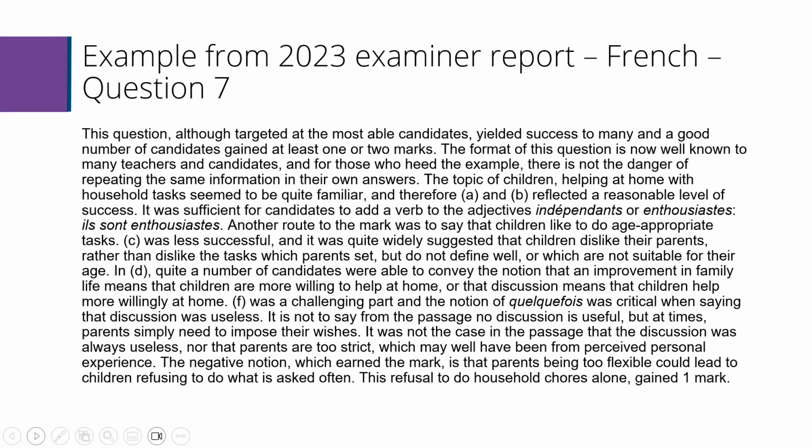And this is the sort of thing that you can use to help you refine your teaching, help you to teach your students. So it doesn't just describe the candidates' performance. It also shows that there are alternative ways to gain the marks, and so on. And I think that's quite important. On that, you see in the middle, the principal examiner says another route to the mark was.